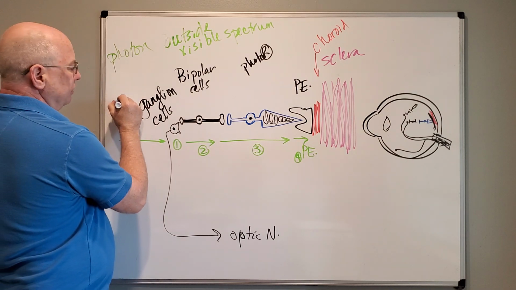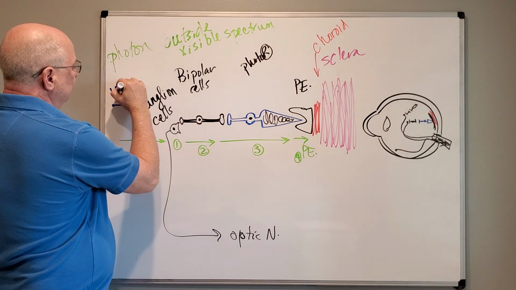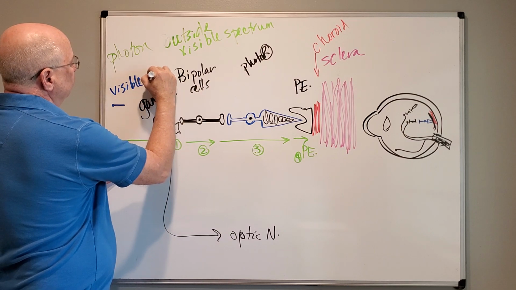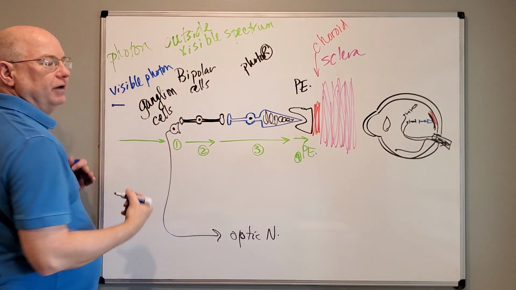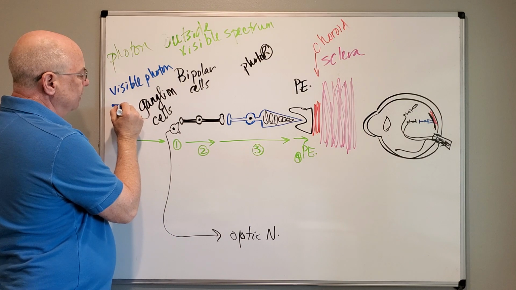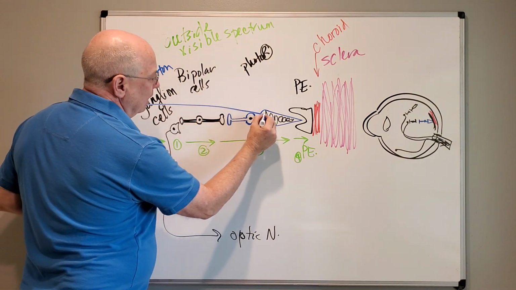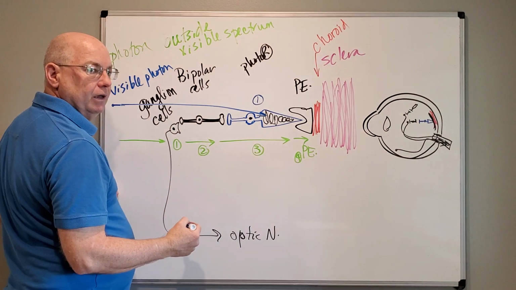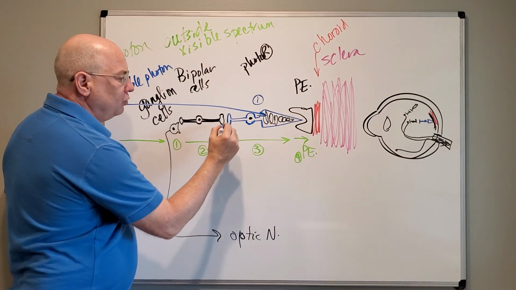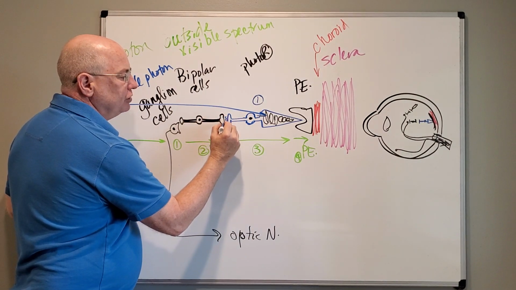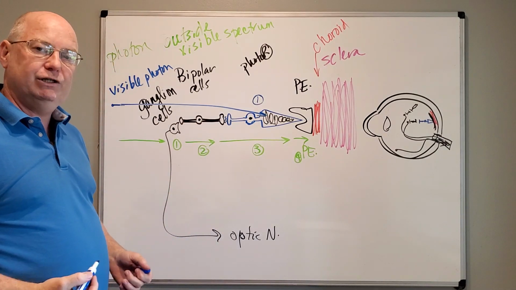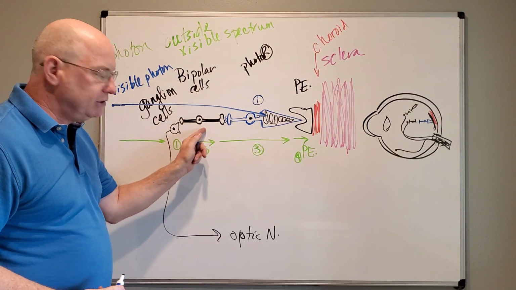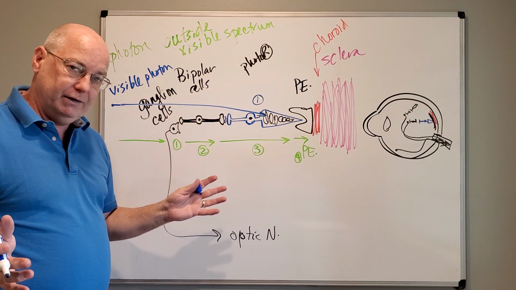If that photon of light triggers vision, let's say it's a blue photon, a photon of light that lies within the visible spectrum, it will come into the eye and get absorbed by the photoreceptor and trigger it. It turns out that when we're in a dark room, photoreceptors are tonic receptors. They're always releasing neurotransmitter telling this bipolar cell we're blind.